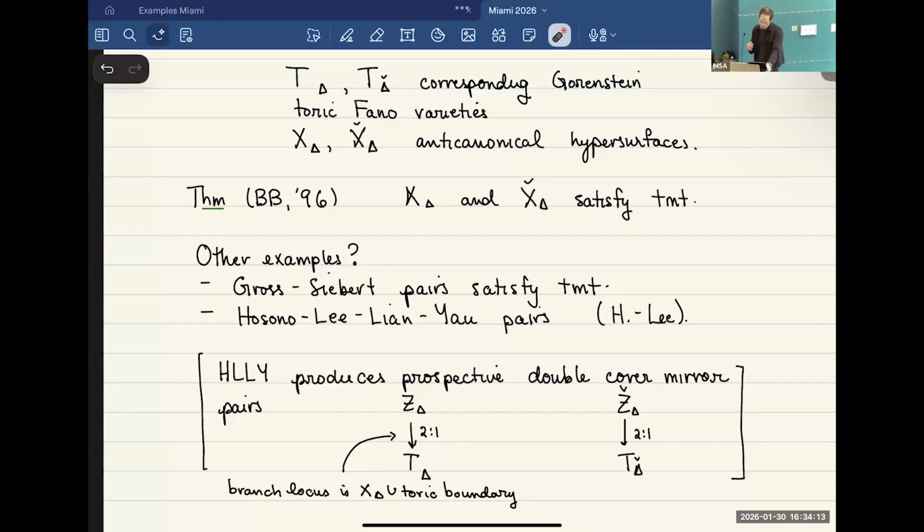Maybe I'll make a brief comment here. These are orbifolds because the ramification or branch locus is singular. It has normal crossings. But they check in dimension 3 that these two things have Hodge numbers that satisfy the usual duality.